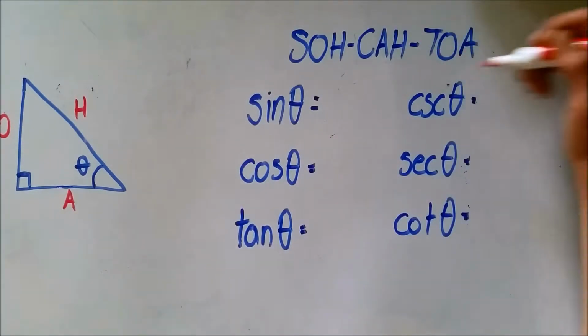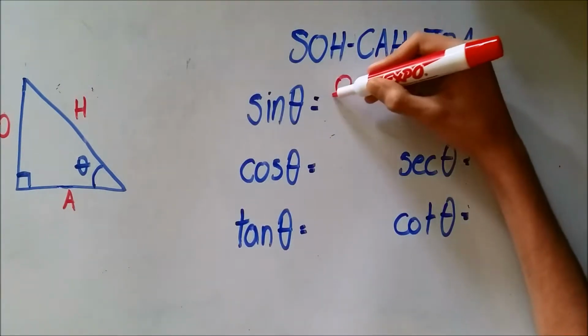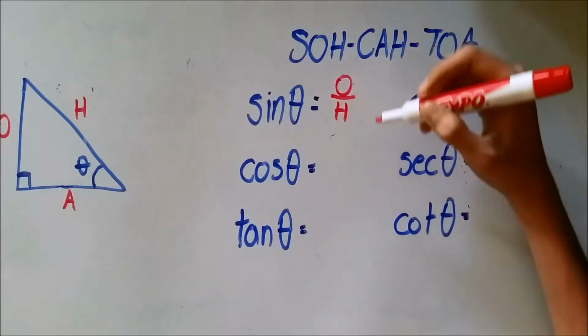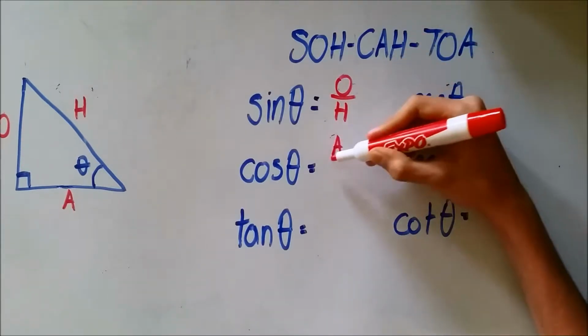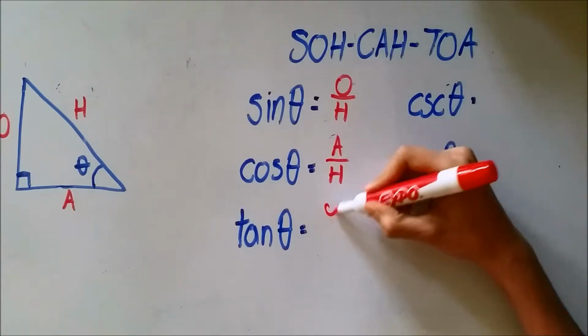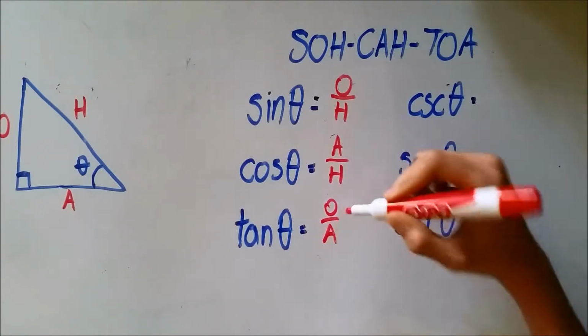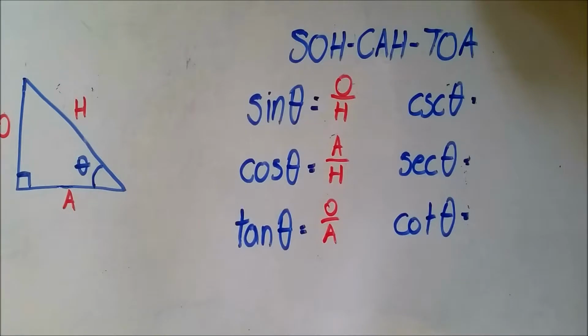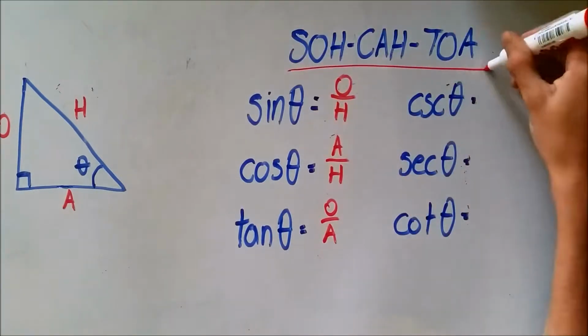For the sine function, it is opposite over hypotenuse. For the cosine, it's adjacent over hypotenuse. And for the tangent, it is opposite over adjacent. If you want to remember these ratios, just remember the word SOHCAHTOA.